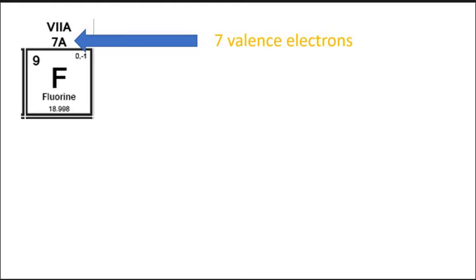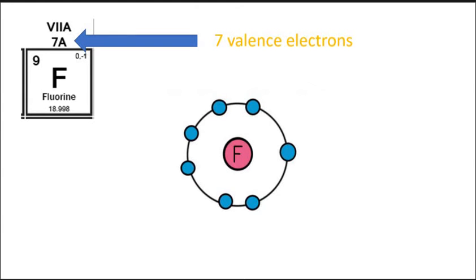So when you are doing this, you first start out with your nucleus. You don't need to worry about how many protons or neutrons, just draw the nucleus. Then, once you've determined how many valence electrons there are, in the case of fluorine there are 7, you draw your ring and put your 7 electrons around it.